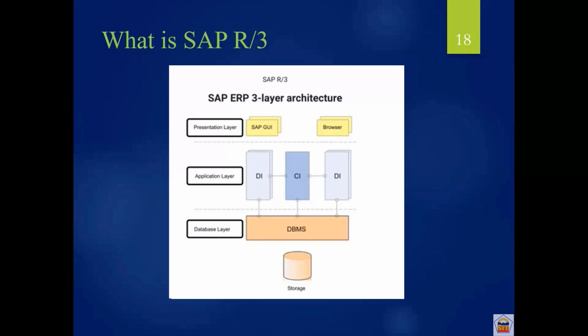We have the presentation layer. From the presentation layer, if I need to pull data that lies in the database layer, through the application layer we get that data into the presentation layer. Now, it is saying that as a user in the presentation layer, you don't need to refer to the database layer.